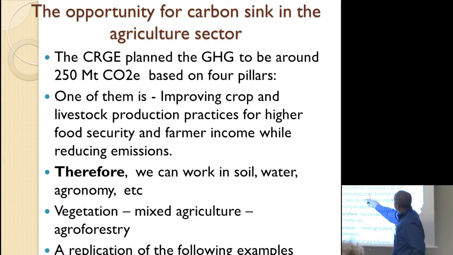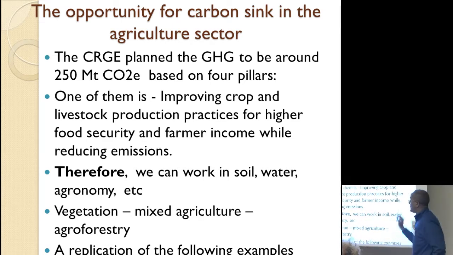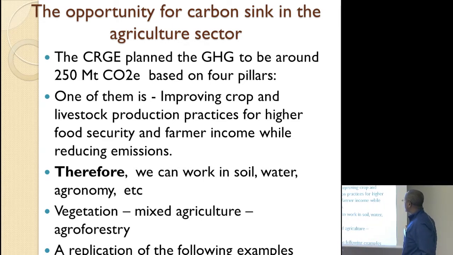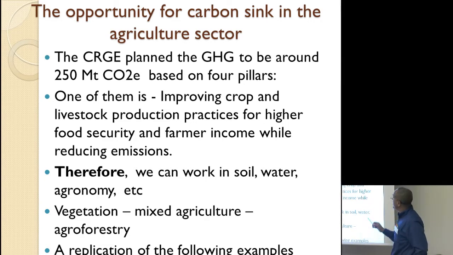One of the pillars says improving crop and livestock production practices for higher food security and farmer income while reducing emissions. That is the target of the government, to reduce greenhouse gas emission. Therefore, it is more or less similar to what is going on on the ground.